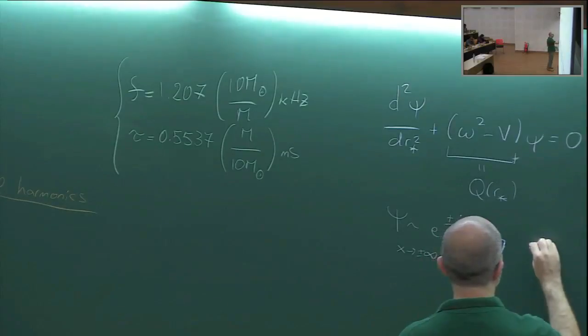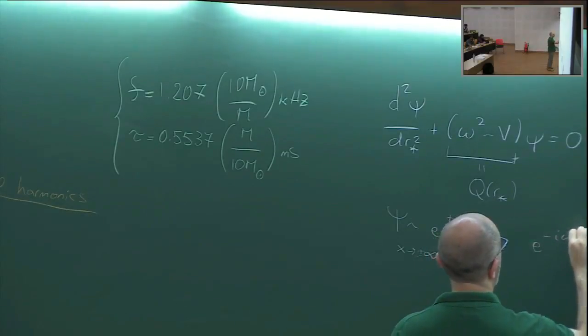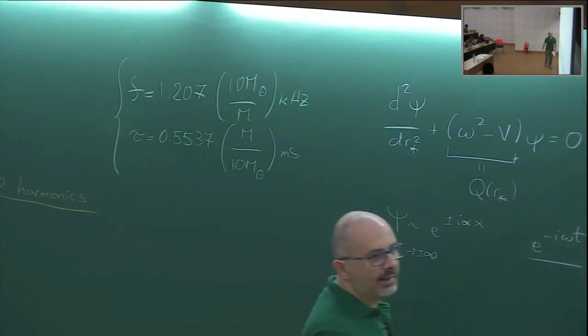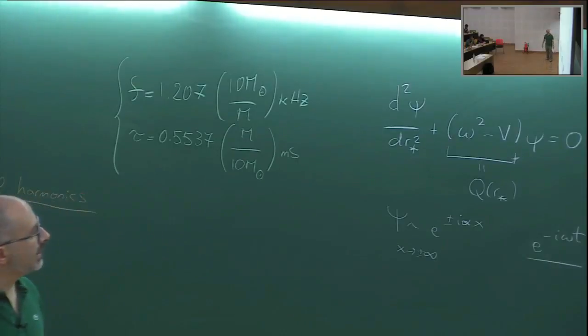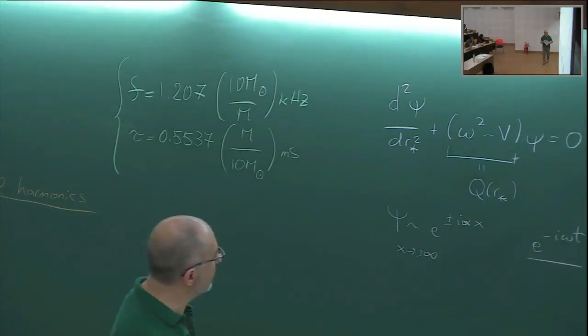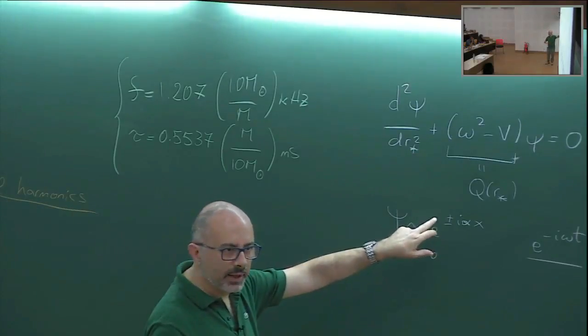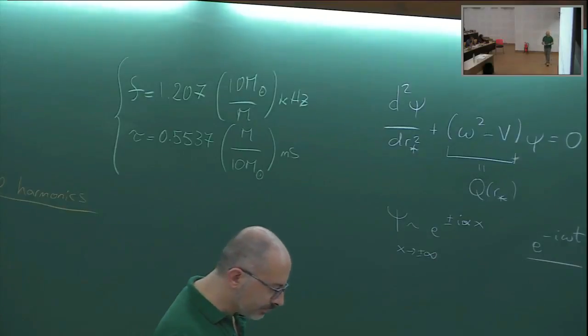And so if you have that your time dependence for the perturbations is e to the minus psi omega t, you will have either ingoing or outgoing waves at infinity depending on the sign of the exponential here.